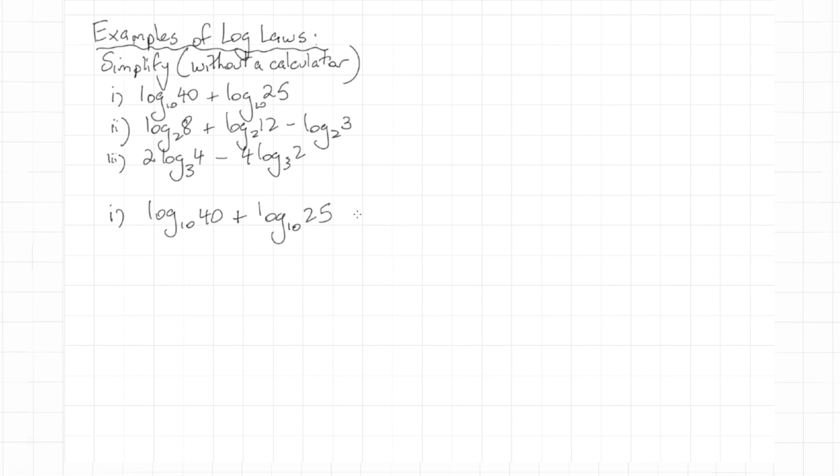So if we go back to log rule number 1, this is like the backwards or the inverse. So we've got the addition, so we're actually multiplying the numbers. So that's the log to base 10 of 40 times 25. 40 times 25 is 1,000, so that's the log to base 10 of 1,000.